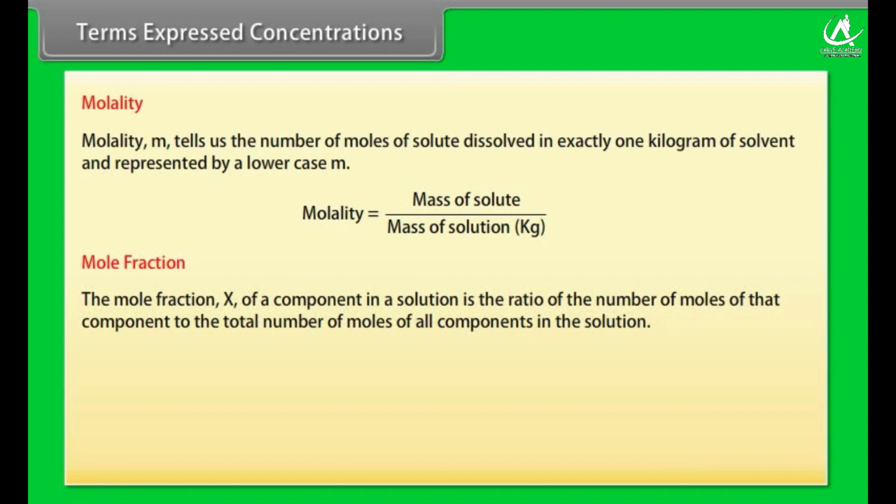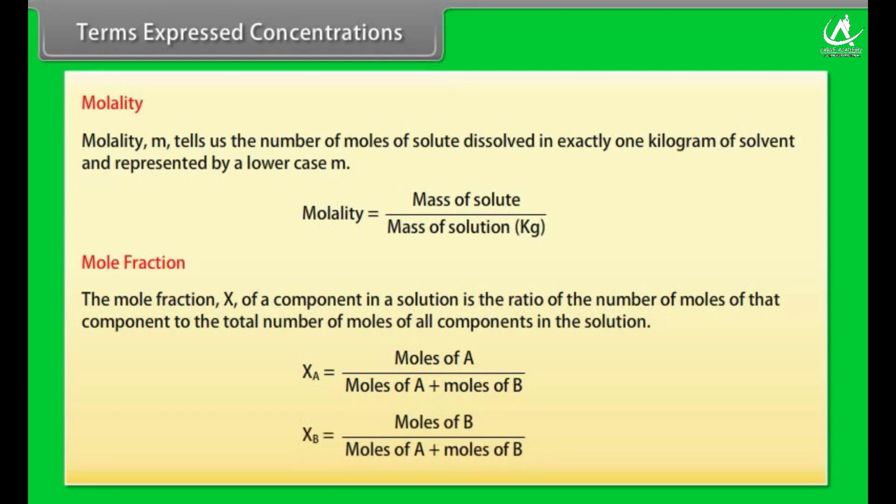The mole fraction, X, of a component in a solution is the ratio of the number of moles of that component to the total number of moles of all components in the solution. XA is equal to moles of A upon moles of A plus moles of B. XB is equal to moles of B upon moles of A plus moles of B.